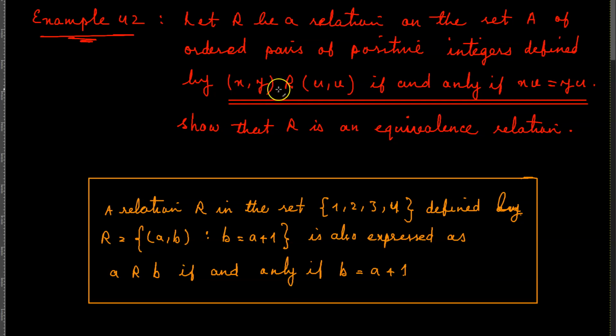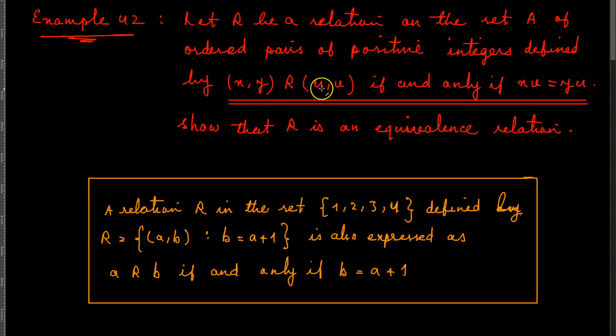So A contains these ordered pairs of positive integers. Now the relation is defined by (x, y) R (u, v) if and only if x times v is equal to y times u.